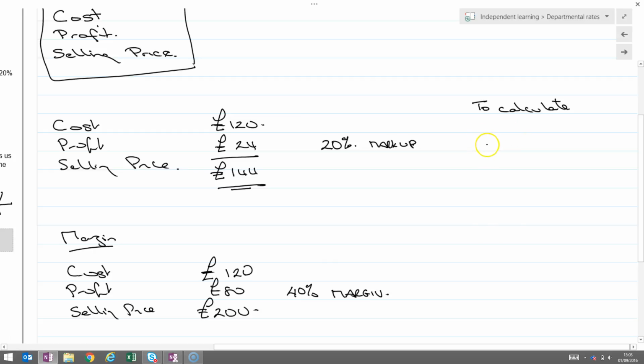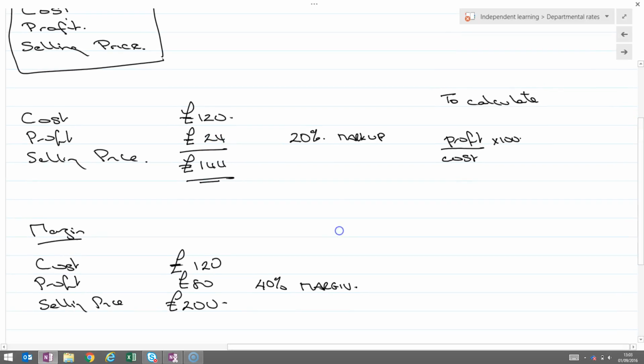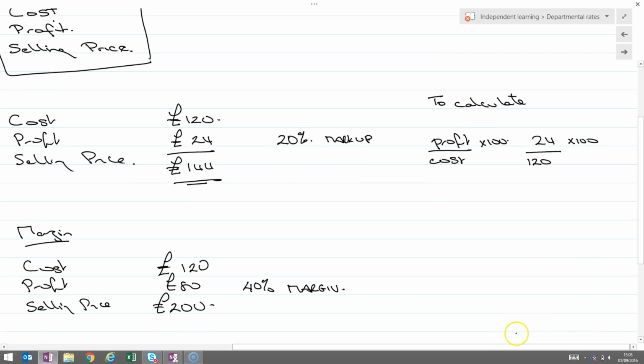For the markup, it's your profit divided by cost times 100. So we can check that 20% figure that we've got. In this example, we had a profit of £24. Cost was 120, times it by 100, and that will give you 20%.